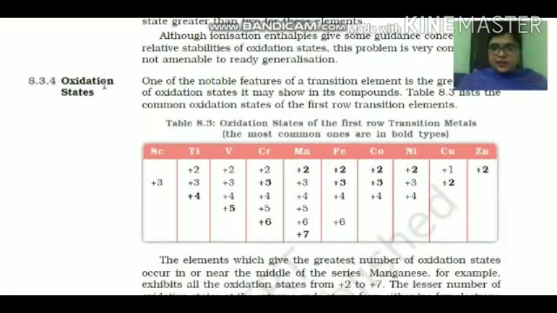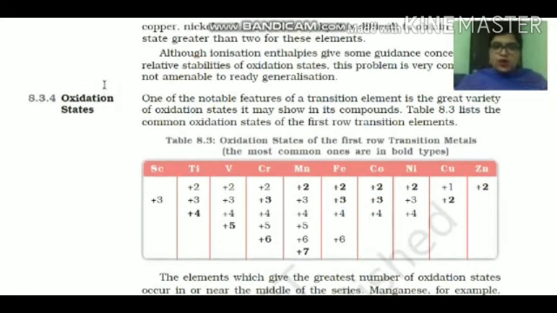Here children, this table is very important. One of the notable features of transition elements is the great variety of oxidation states. Here you can see oxidation states of various transition metals, in the first row of transition metals.